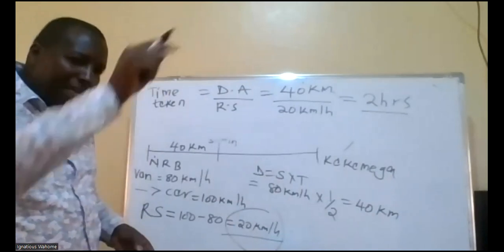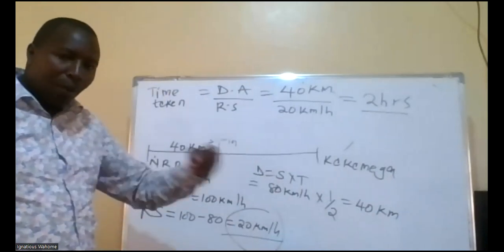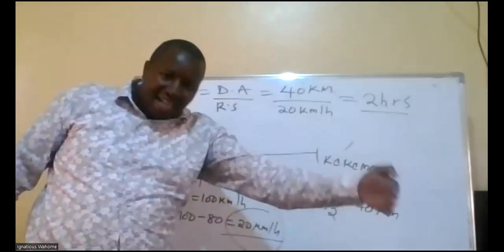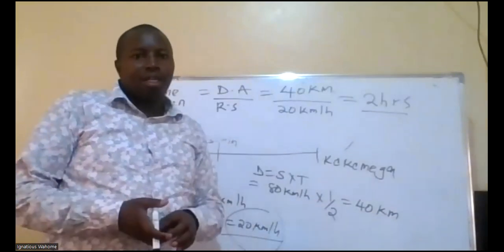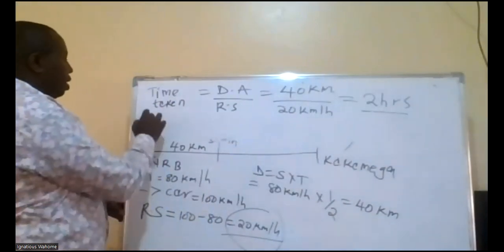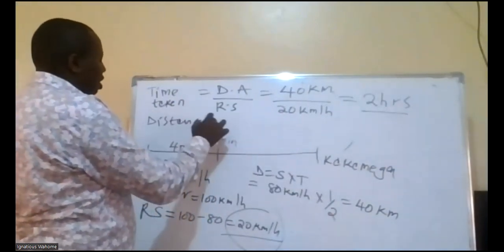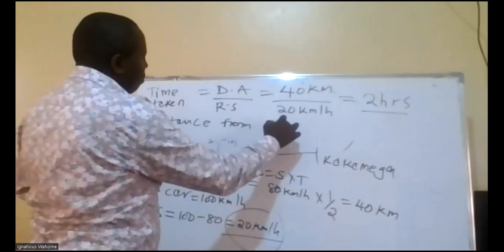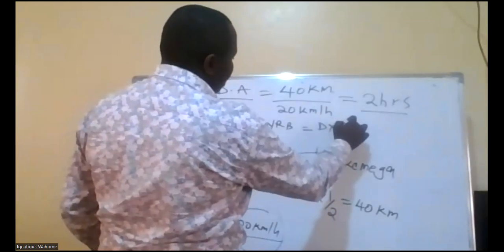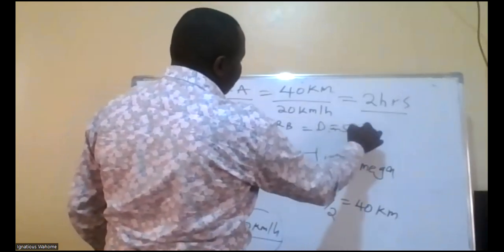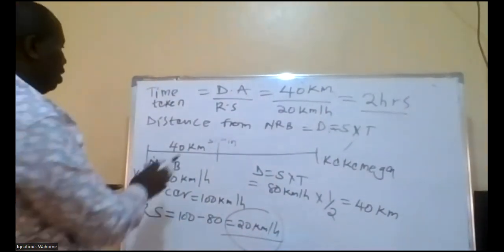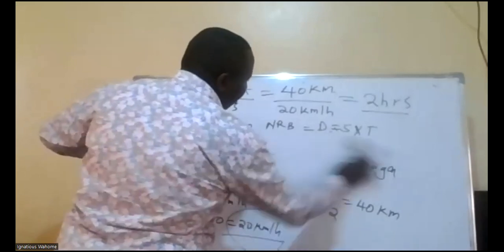So the distance from Nairobi where they met is the distance covered by the car. So distance from Nairobi will be distance equals speed times time. In this case, take the speed of the car.